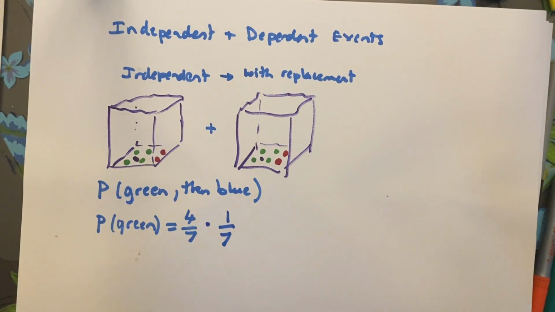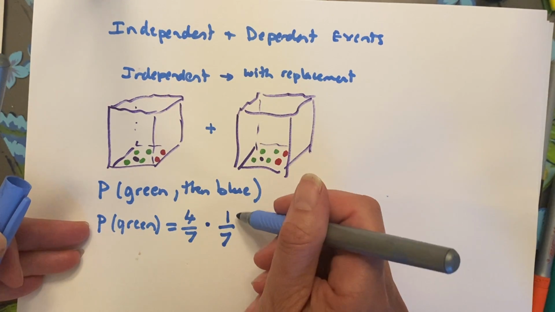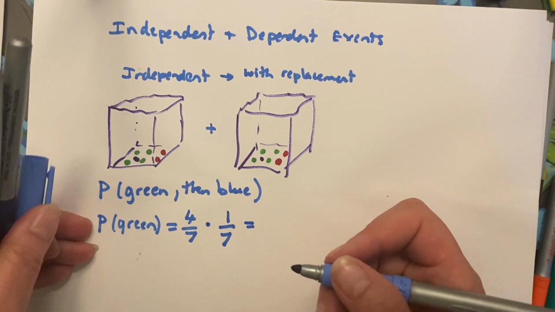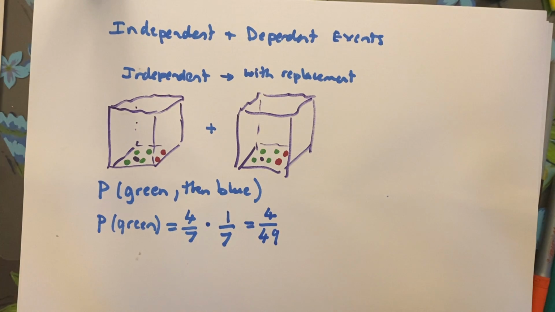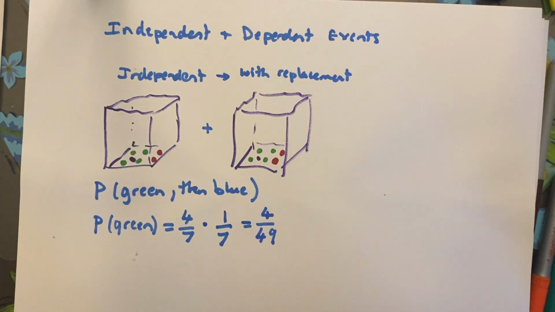They're not added. So the first time you pick, you have 4 out of 7. The second time you pick, you have 1 out of 7. So your combined chances is going to be 4 out of 49. Okay, so that's if you do it with replacement. And that's an independent event.